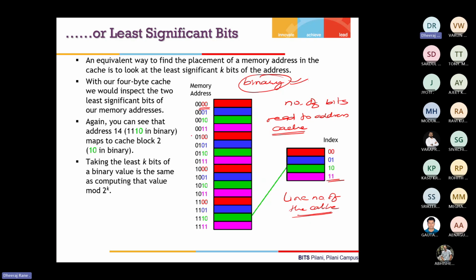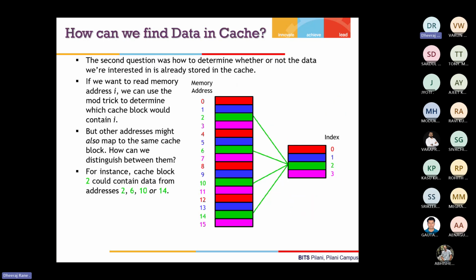So you can just have a look, and the color is adding up to the whole logic. So 0 1, ultimately, it will be mapped to the 0 1th block. And because it is direct mapped, no complications are there as far as the understanding is concerned.